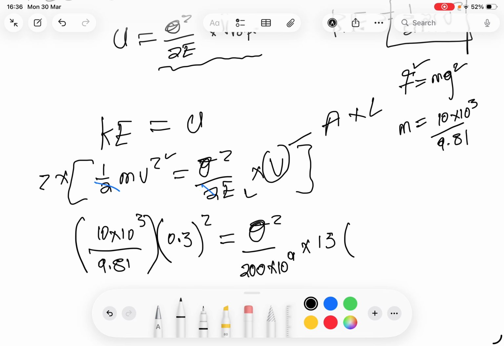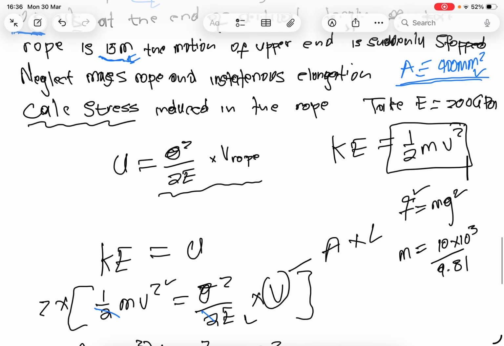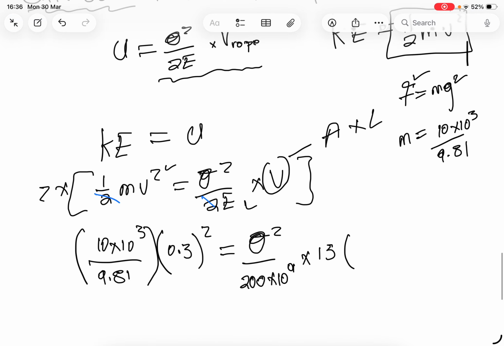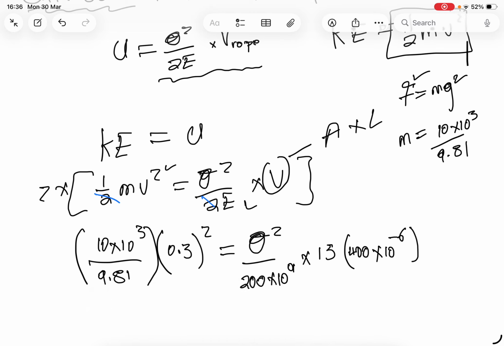The area is 400 millimeter squared, which I convert to meter squared: 400 times 10 to the power minus 6.